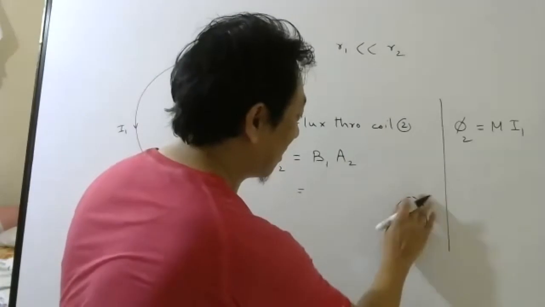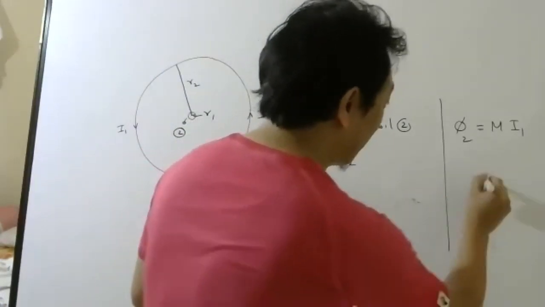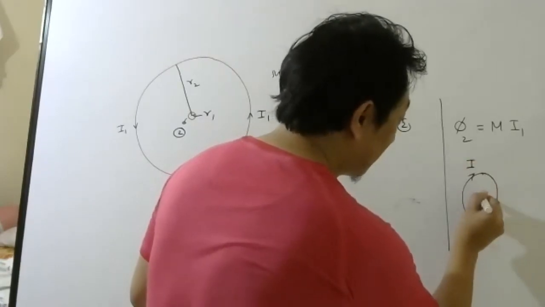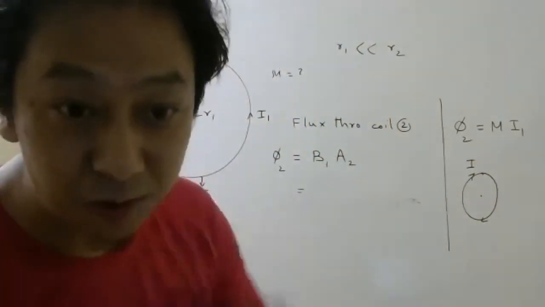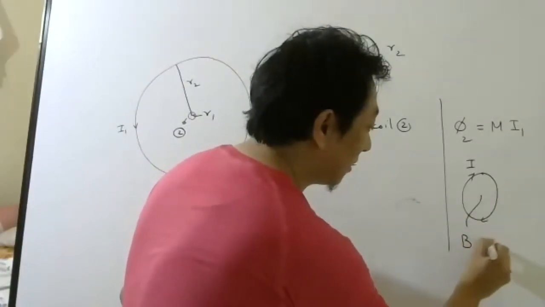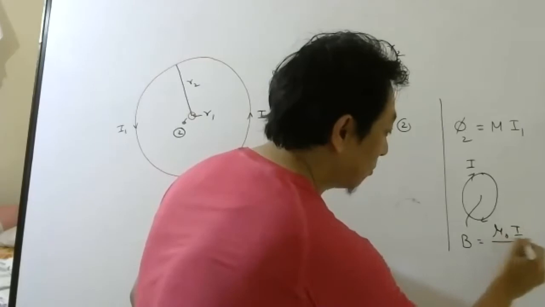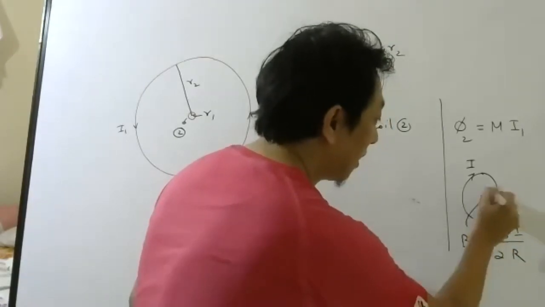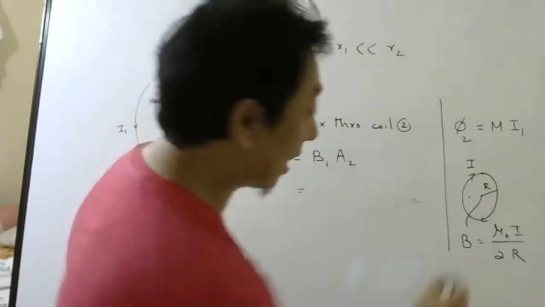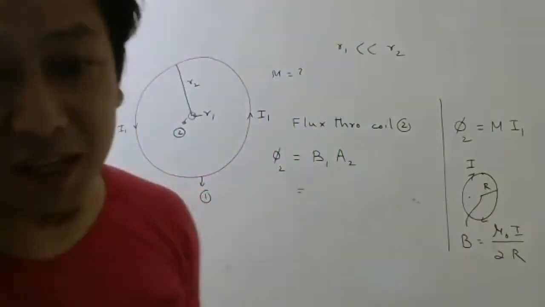If this is a circular coil carrying current, then at the center, using Biot-Savart's law, we have found the magnetic field. It was mu naught I by 2R, where R was the radius. But if I ask you here, then it is very complicated.